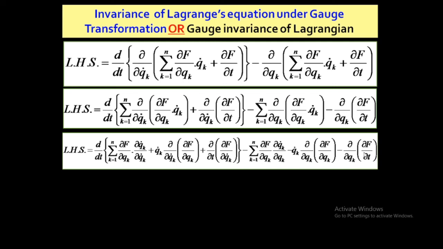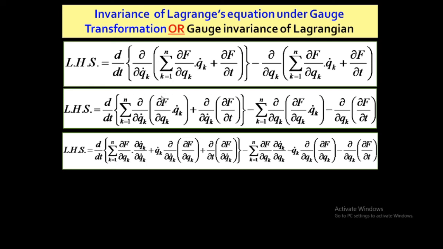So in this step I have used the product rule of derivative in this term and in this term. Why? There are two functions. Again I am telling the product rule of the derivative. This is the derivative del by del qk dot. This is the first function, del f by del qk, into qk dot. So what is the rule?